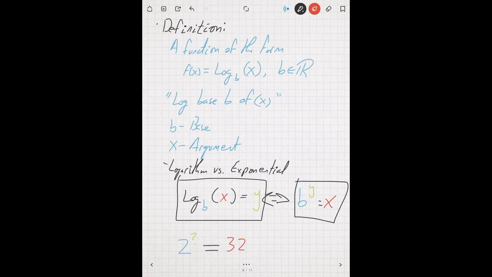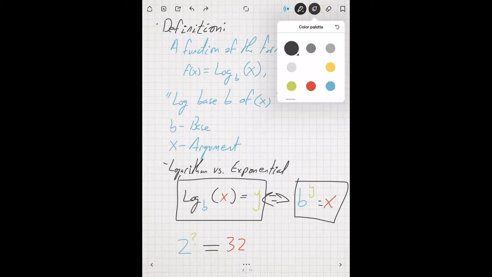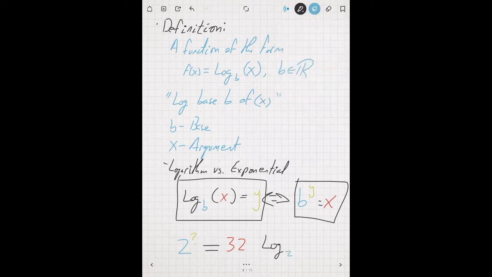Because I'm trying to find this component of the function, I would need to have an inverse function. That's where the logarithm came in. The logarithm said, if you're trying to find what exponent gets you this, all you need to do is take the log, the base number that you're working with is 2, and your argument, what you want to get 2 into, is 32.